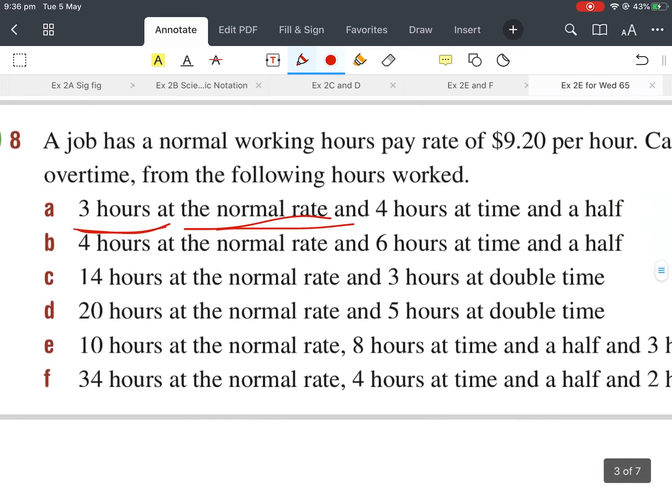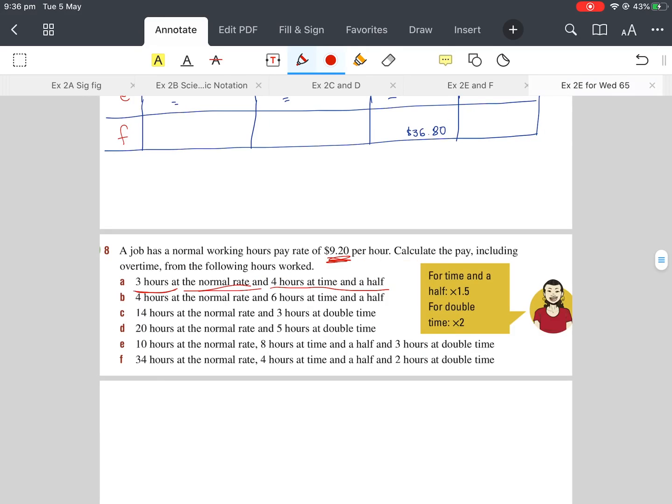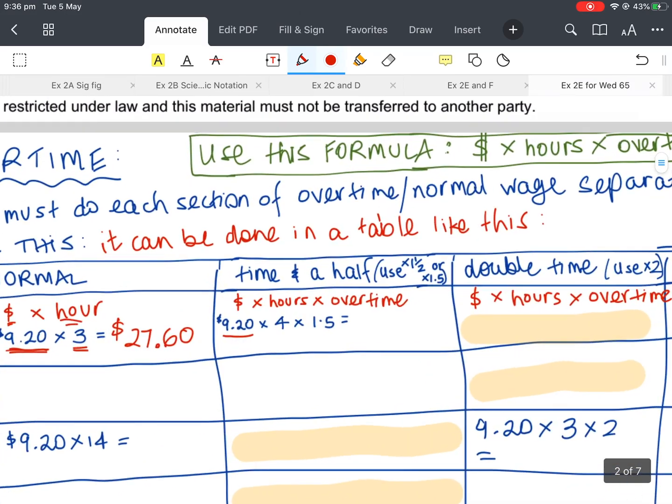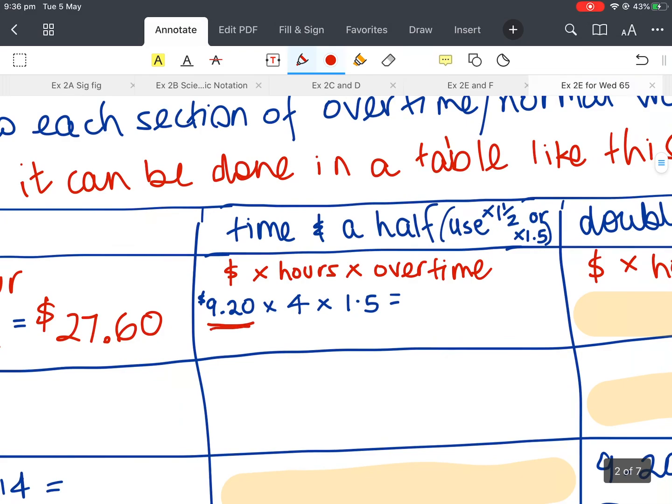All right, let's read the next part of the question. Now they work 4 hours at time and a half. Now this stays the same, so that doesn't change. So I'm going to have $9.20 where the dollar bit is, 4 where the hours is, and 1.5 for the time and a half section. I'll make it bigger. You'll notice where the dollars is, I've got $9.20.